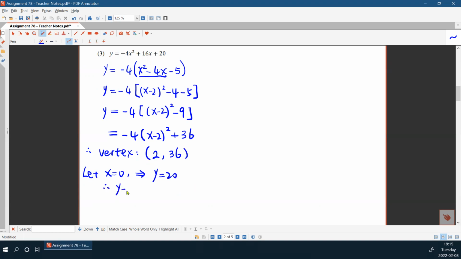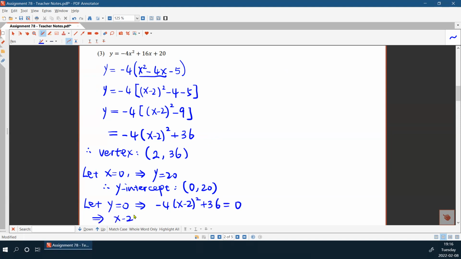And therefore the y-intercept is 0, 20. And then next, let's find its x-intercept. That means let y be 0 and put it here. If y is 0, that means -4 times (x minus 2) squared plus 36 equals 0, right? Which means (x minus 2) squared equals 9.